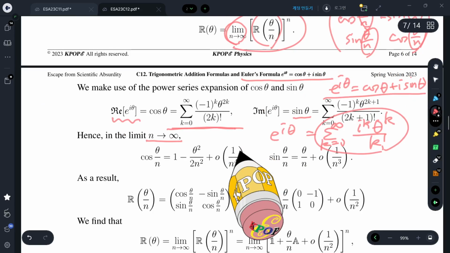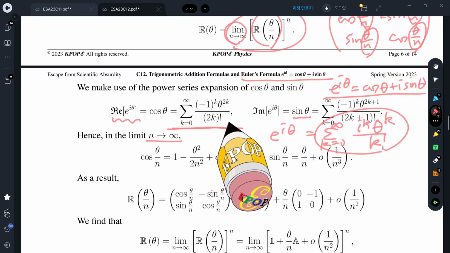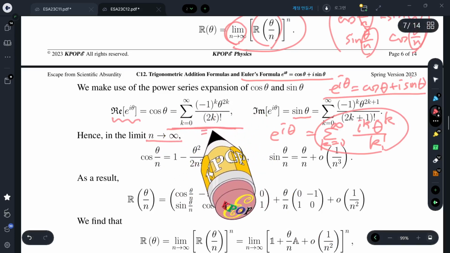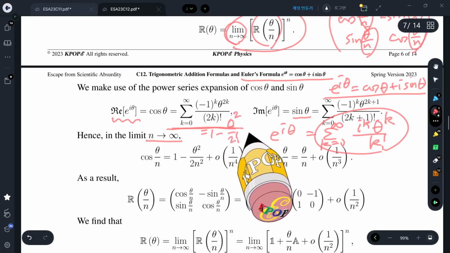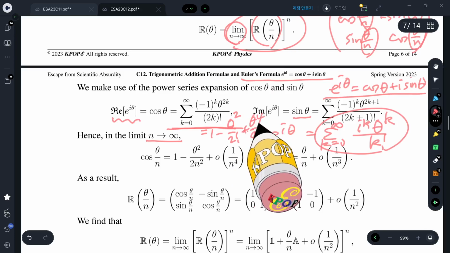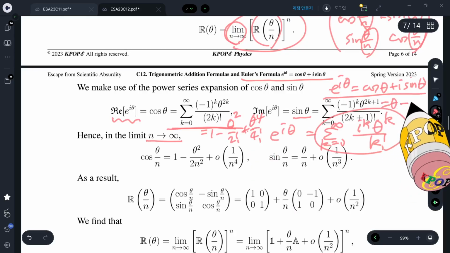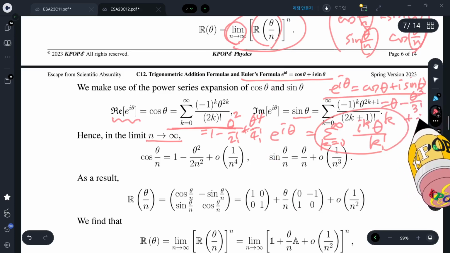If it is a very small number, the expansion of this power series is 1 minus theta squared over 2 factorial, and so on, plus theta to the fourth over 4 factorial, and this is theta minus theta cubed over 3 factorial, and so on.